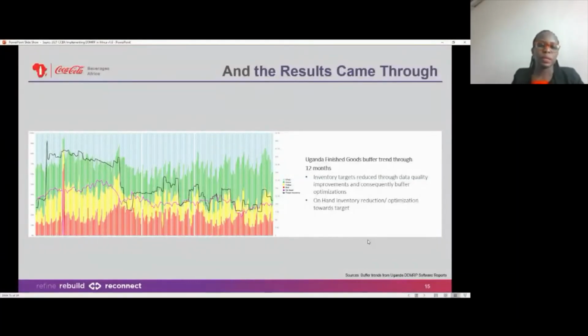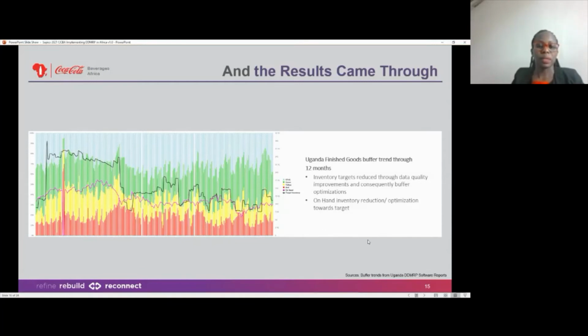You realize that we have been stable for the last 8 months. The first 4 months were unstable, because the target inventory was higher than the on-hand. Then as we got along, the target inventory came closer to the on-hand, and we are realizing stability at this point in time.